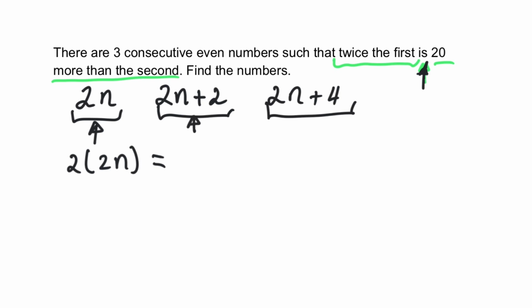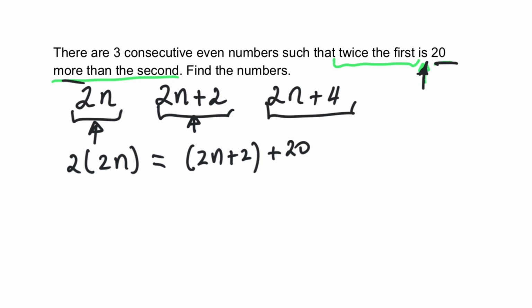It's going to be 2n plus 2. But they say 20 more, so let's add 20. Okay? And right now what we have, very easy, is just a good equation with only one unknown, in this case n, meaning we should be able to solve for it.